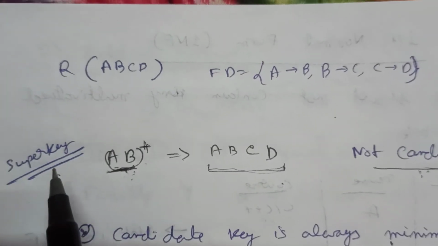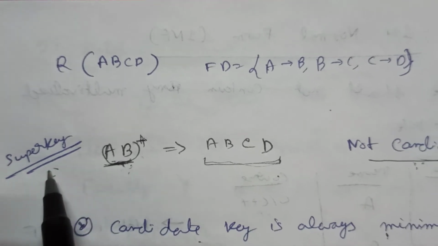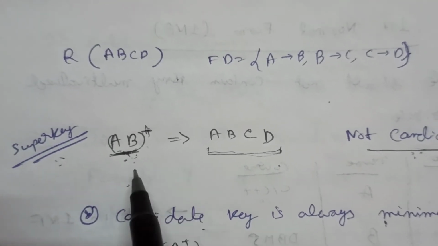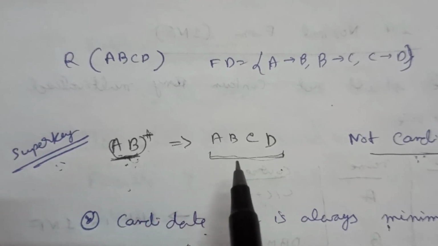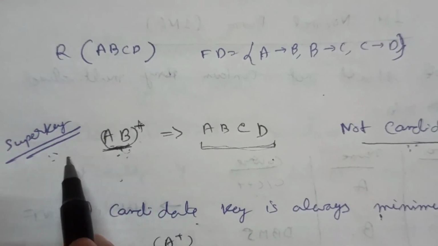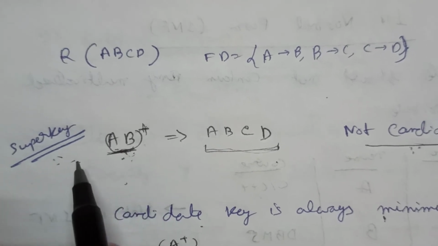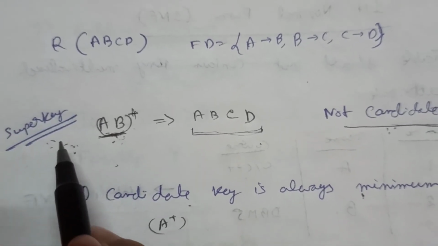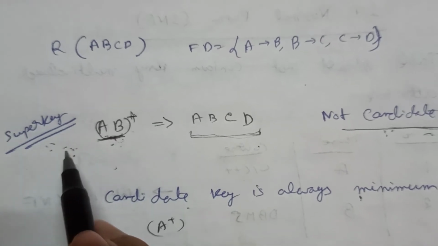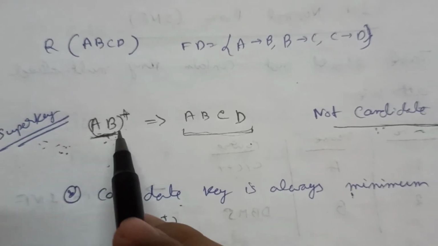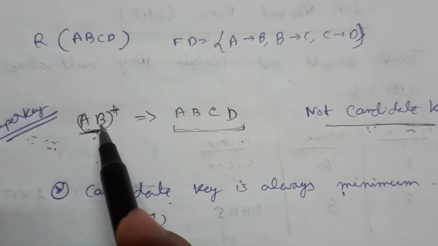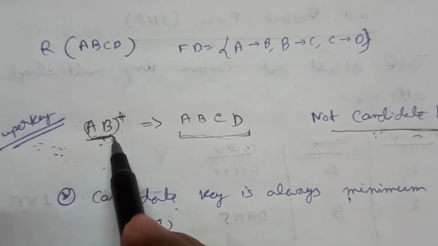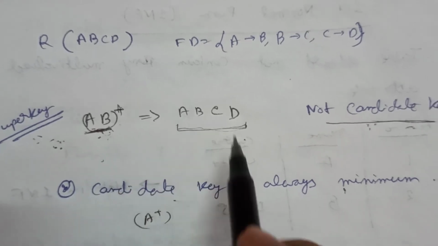All candidate keys are also super keys. So all the attributes which can define every single attribute of the relation are known as a super key. But if the super key is minimal, that is, we cannot have any smaller key from that super key which is also a super key, then it is a candidate key.